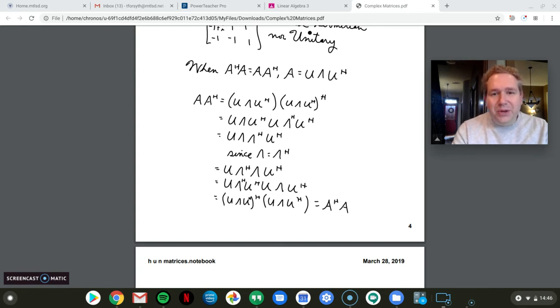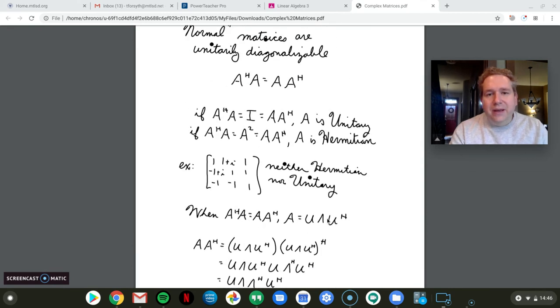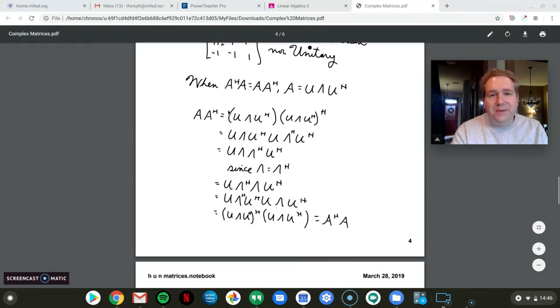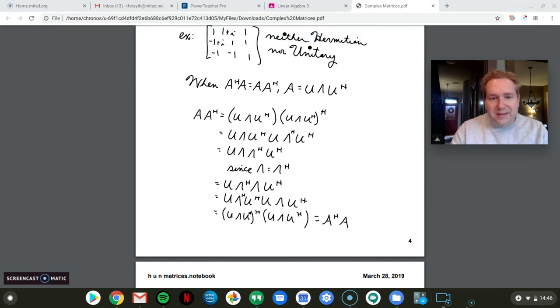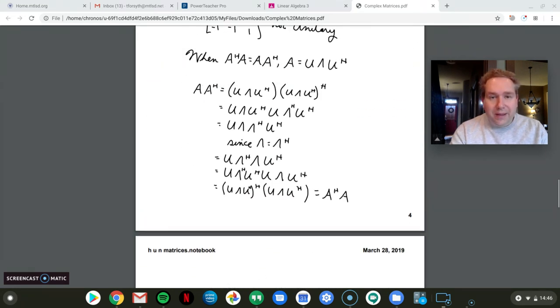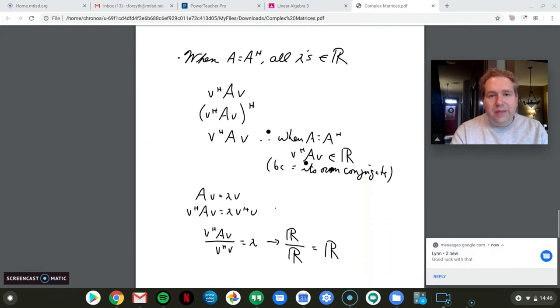And what I'm showing you, if you look at this, is why, if we have A Hermitian A equal to A A Hermitian, which is what you have to have, a normal matrix would be unitarily diagonalizable. So A is a normal matrix in this example here. Okay. So you can look through that and let me know if you have any questions with that.